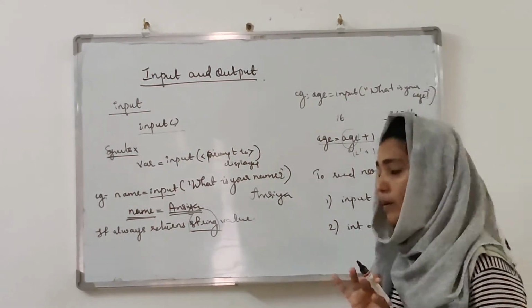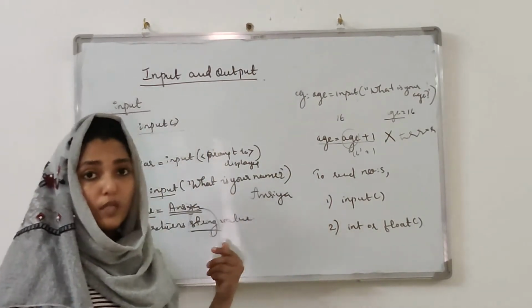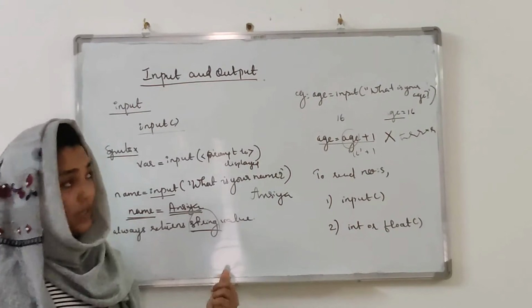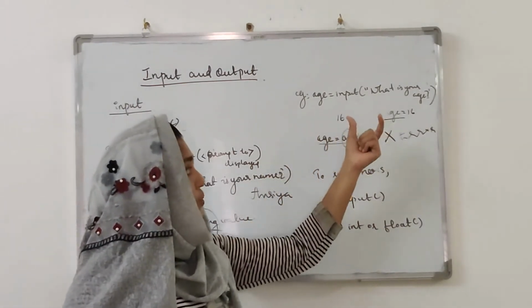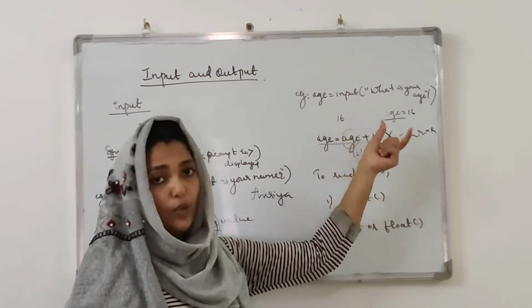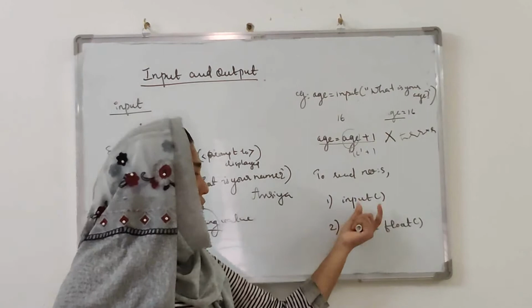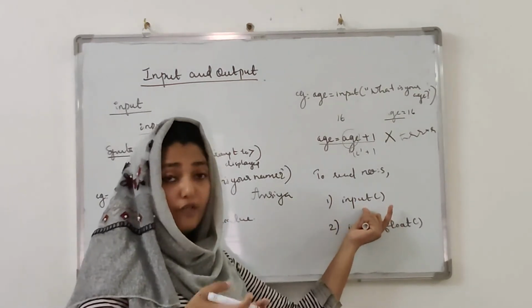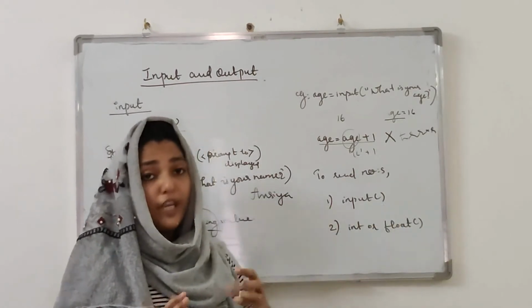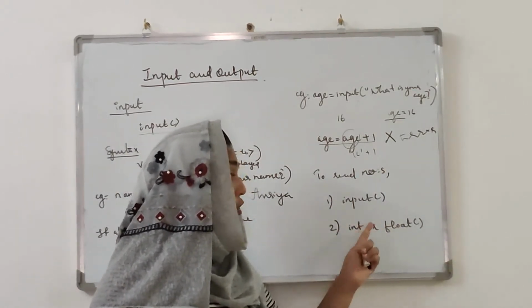So the thing to remember is that whenever we get an input from the user using the input function, Python will see it as a string, and it is not possible to perform addition or any other operation using an integer value and a string value. In order to overcome that, after getting the value from the user using the input function, we can use two functions called int or float.